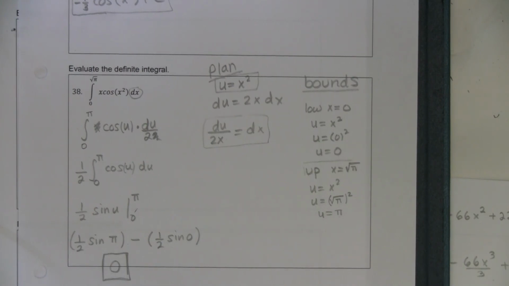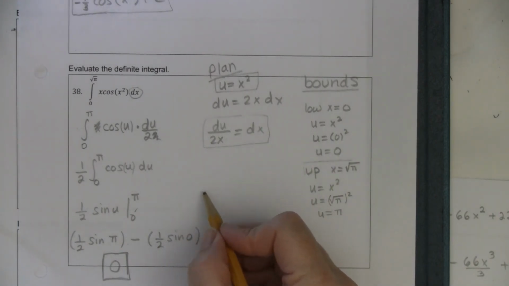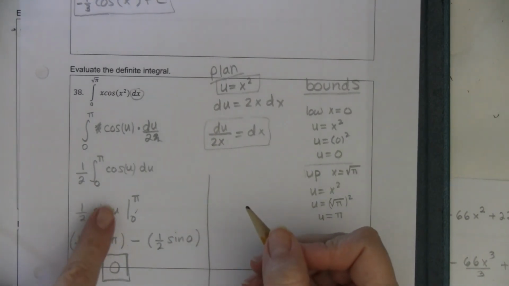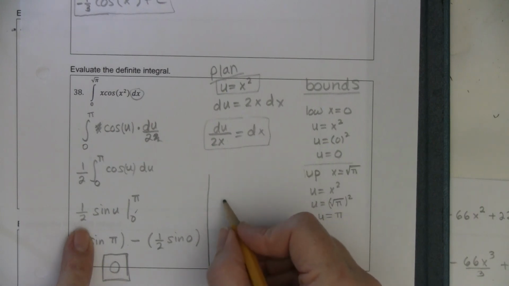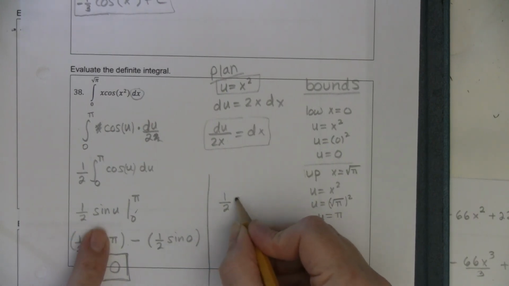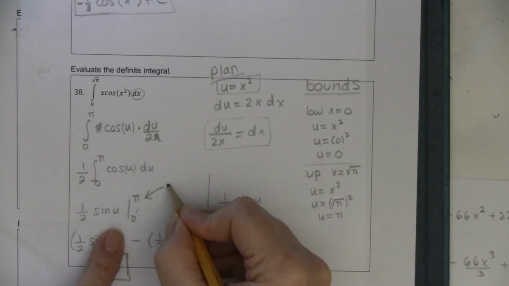Now, this was option 1, to get the new bounds that are u and then go with it from there. If you wanted to do option 2, you would get the same answer, and how it would look here is that when we took our antiderivative, we had half sine of u. Now these things were in terms of u.